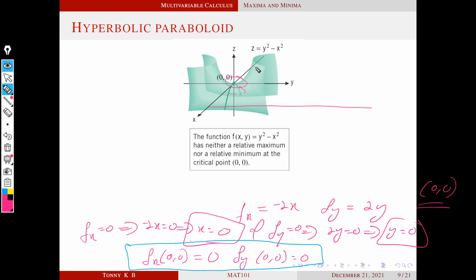In this direction, function value is greater than this point, right? But what about this direction? That means in the x-axis direction, function value is less than this point. So it is clear that this point is not a relative maxima or relative minima. Clear?